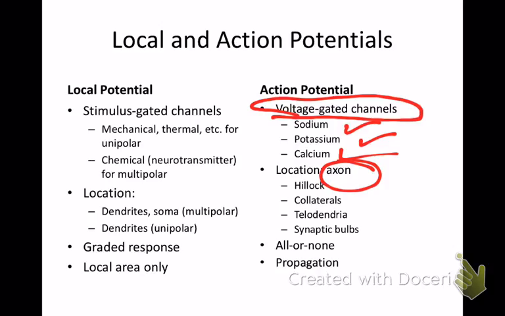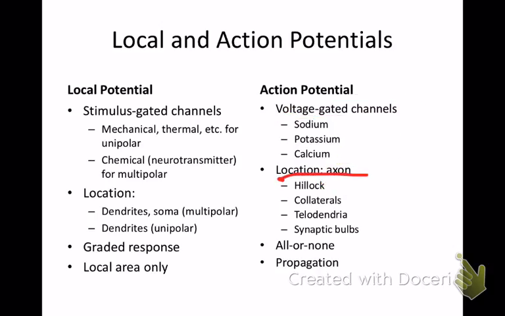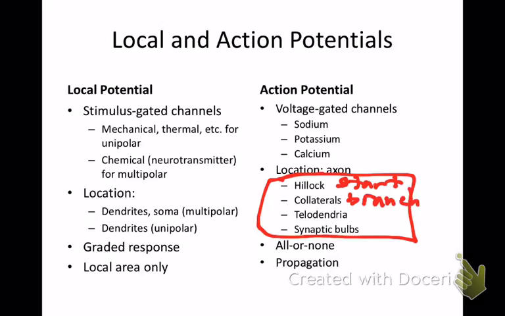When we look at the parts of an axon, we have the beginning. That's the start of it. It can have branches. Synaptic bulbs, we met, right? Telodendria is a word root that should make at least half sense to you.